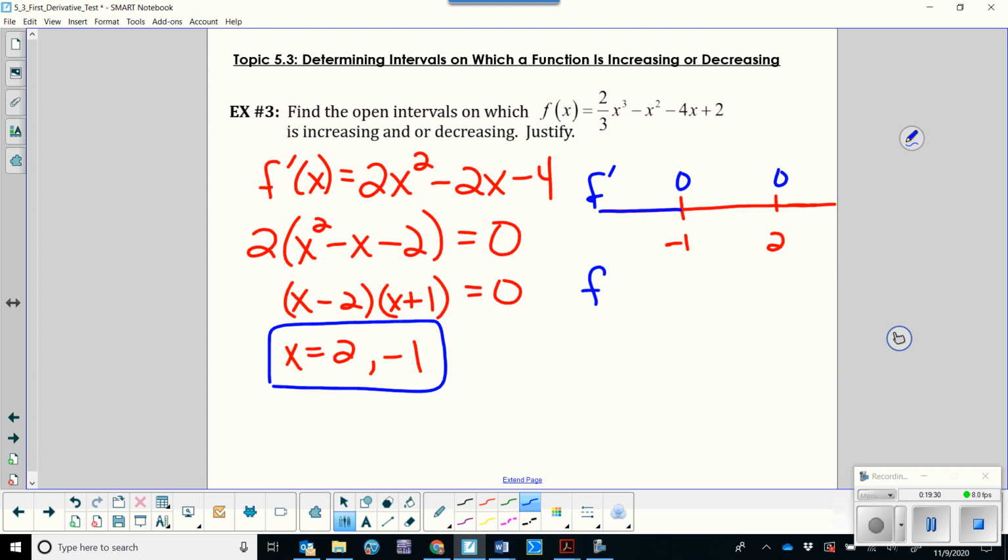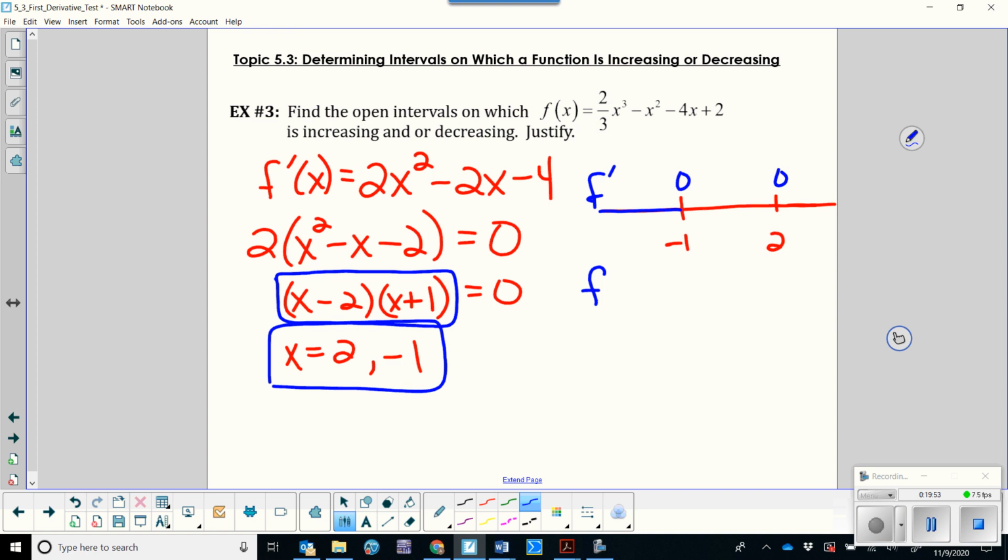So the easiest way to plug in is where you factored it, if it's a problem you factored. Because I don't care what value I get, I just care, is it positive or negative? So I'm going to pick an easy number. I can pick anything less than -1, so pick something easy like -2. -2 is less than -1.